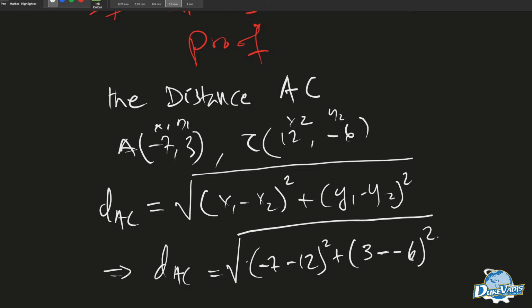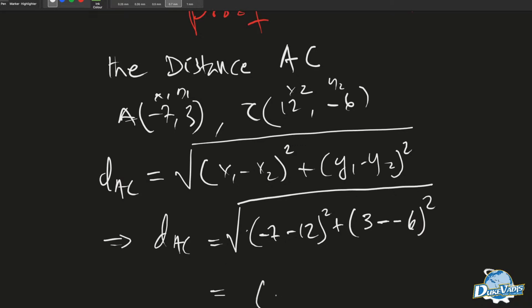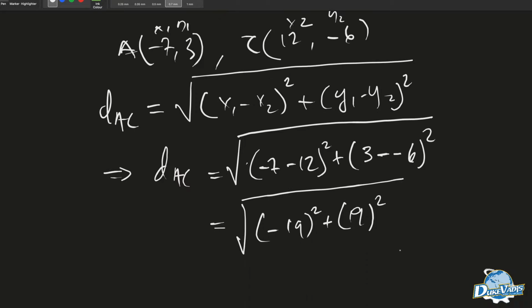All it means is we have the square of 19 plus the square of 9, and the square root of that. So 19 squared will give us 361.